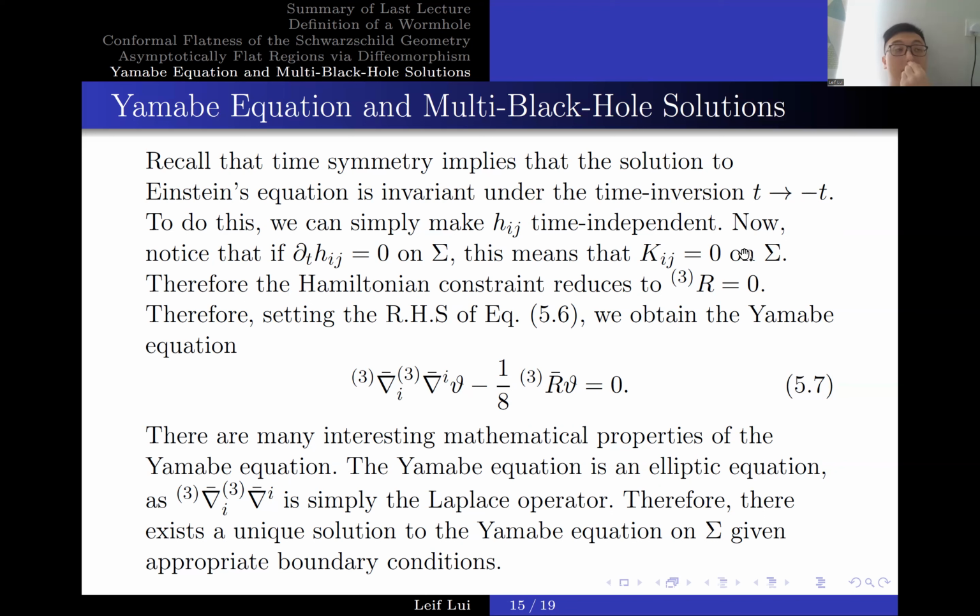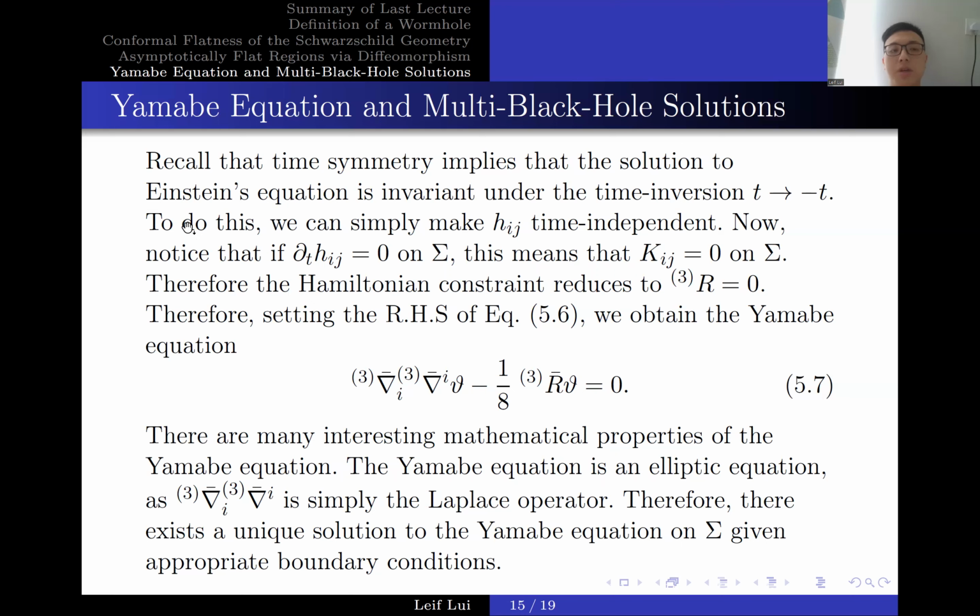This is quite obvious because in the Schwarzschild metric, there's a dt squared term. If we replace it with minus t, minus t squared is also t squared, so it wouldn't change the Schwarzschild metric. But the problem is we need to translate this into the new Einstein equations with the first fundamental form.